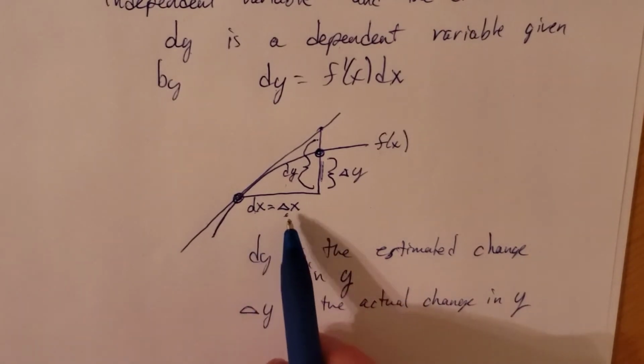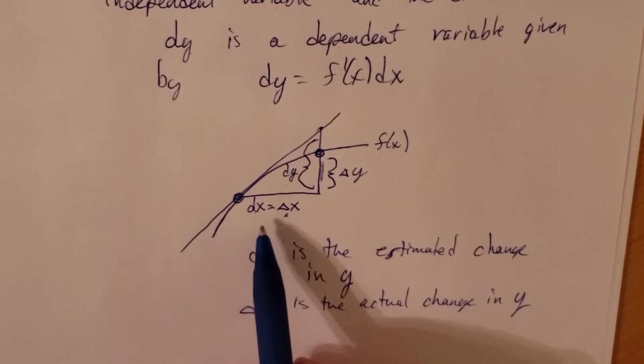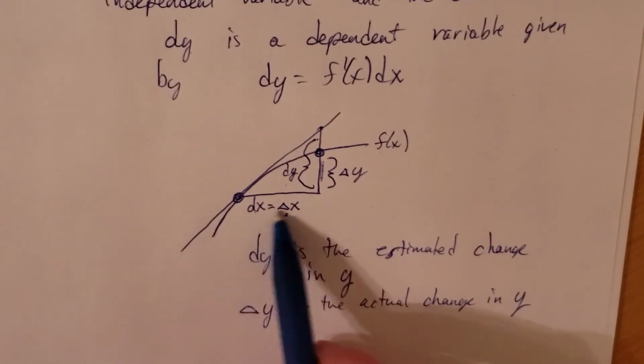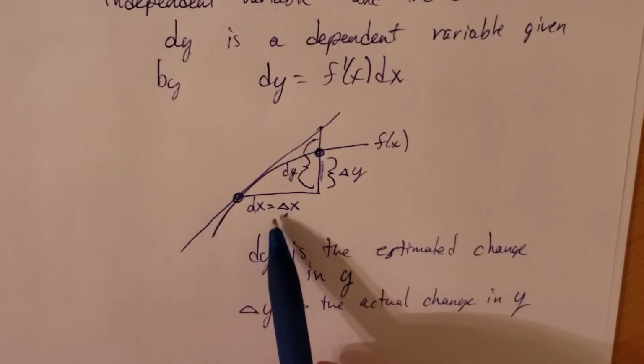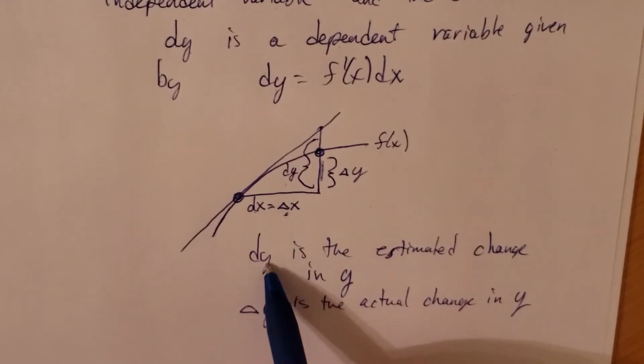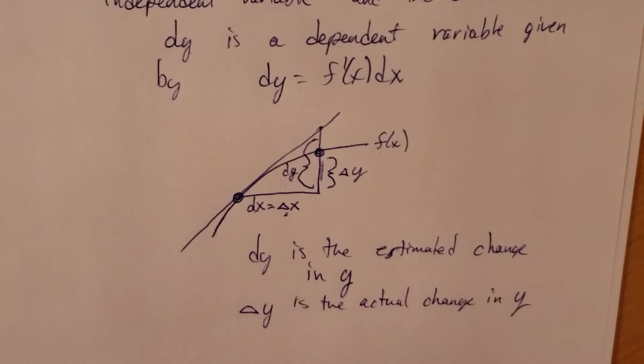And dx equal to delta x means that the differential dx, the actual change here, is the same as our estimated change in a sense. We are assuming we have this amount of change in x. So if that is the case, what is our estimated change in y with a given change in x?